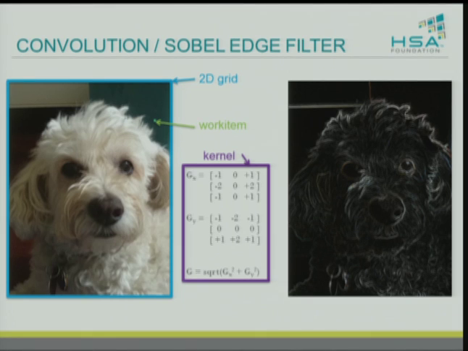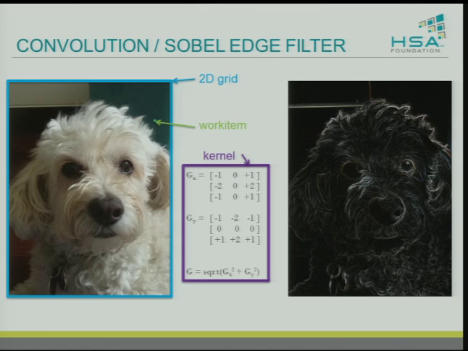So this would be written in HSAIL. This would target a single work item in the image. A work item in this case would map to a single pixel. And then the grid that we specify, which gives the range of the problem, because we're using an image, that would define the square, the coordinates of the image, the x and the y dimensions of the image.